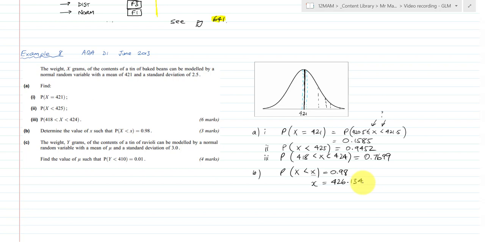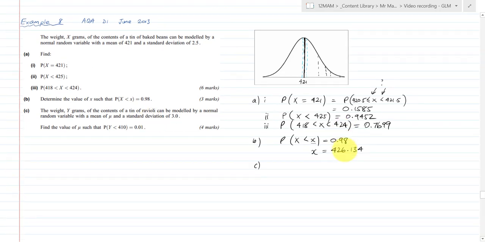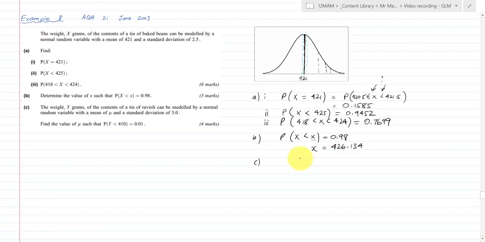And then C, which is a bit trickier again, the weight, y grams of the contents of a tin of ravioli. Now, I'll have a tin of baked beans, but I'm not too sure about this tin of ravioli stuff. It can be modelled by a normal random variable with a mean of mu and a standard deviation of 3.0. Find the value of mu such that y is less than 410 equals 0.01.